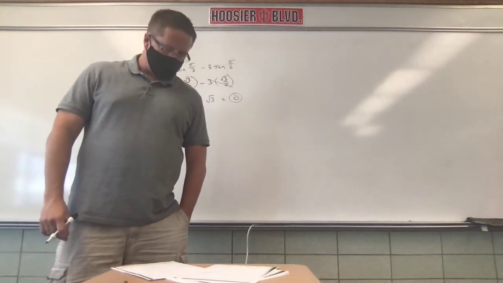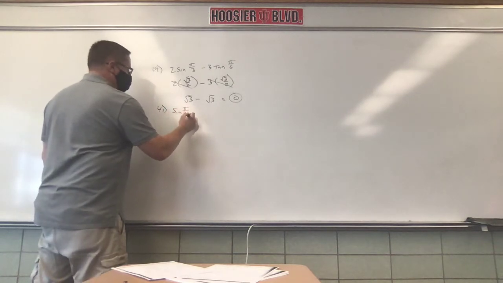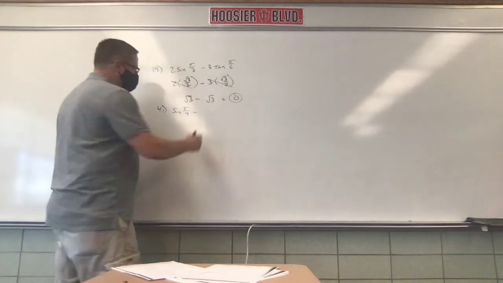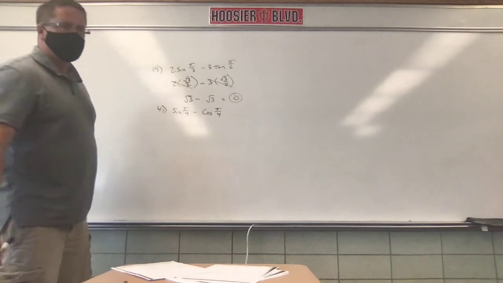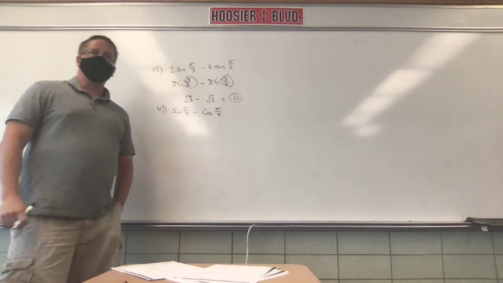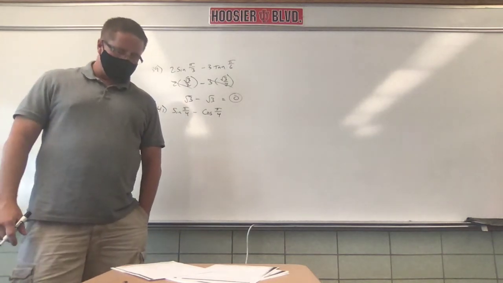41. Okay, sine of pi over 4 minus cosine of pi over 4. Okay, I'm going to shut my mouth and have you guys try this one on your own. The sine of pi over 4 minus the cosine of pi over 4.